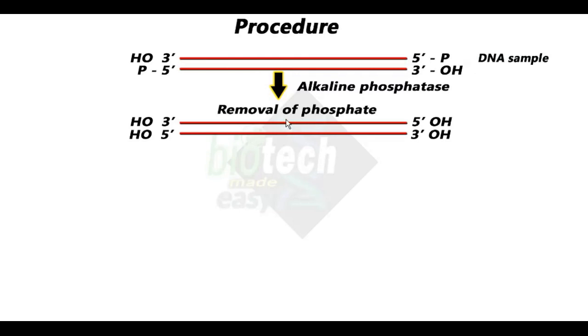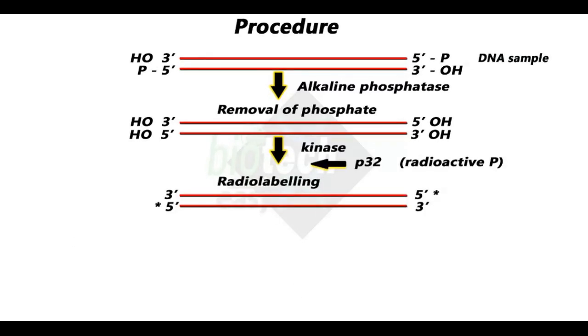For doing the radio labeling, we have to use some radioisotope. Here we use the radioisotope of phosphorus. In the presence of kinase, we add P32, which is radioactive phosphorus, not the normal one, and the radio labeling will be done. How and where will it be done?